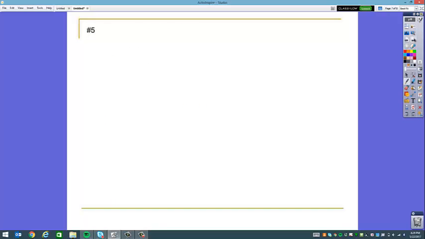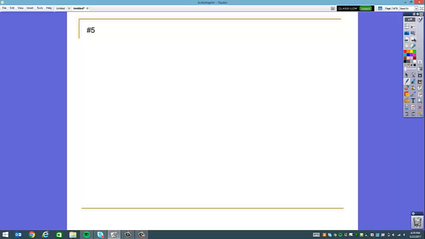Okay, so let's do an example. Let's look back at your homework packet and look at number 5. Number 5 wants you to go back to problem number 2 and find the average speed and the average velocity of the cross-country skier in meters per minute. Notice they're telling you minutes, so you don't have to do the conversion, which is really nice.